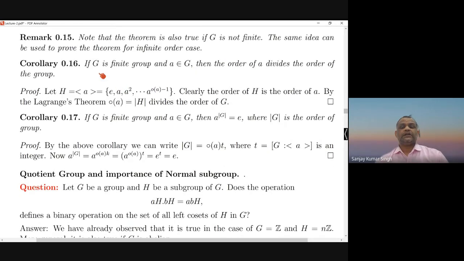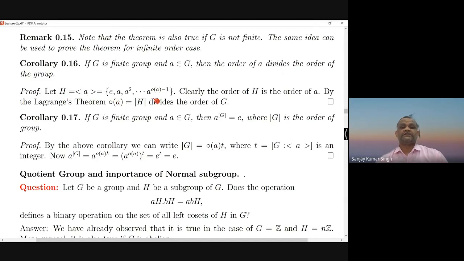Important means it gives you some nice results about the group. If G is a finite group and a is any element in G, then the order of a always divides the order of the group. Why? Because I can always take H equal to the subgroup generated by a.